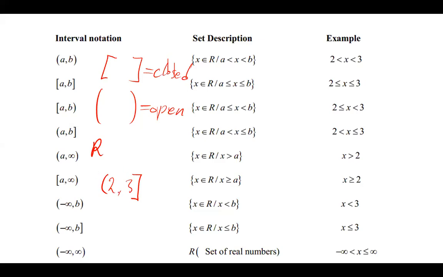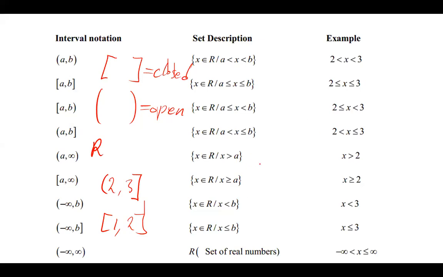And this is an infinite set. You can't manage to count the numbers between 2 and 3 because you have 2.01, 2.001, 2.002, you have all those numbers. You can't manage to count them. Hence, it's an infinite set. So if you have, for instance, 1, 2, and on both sides you have this kind of a bracket, it means that 1 is part of the set, 2 is also part of the set.